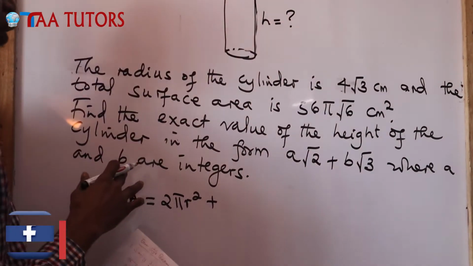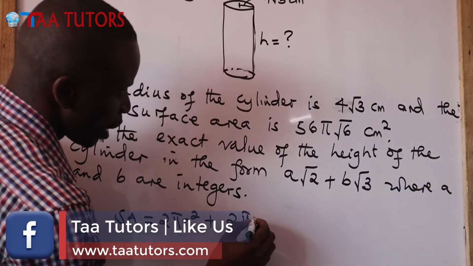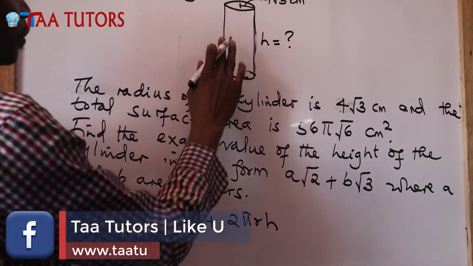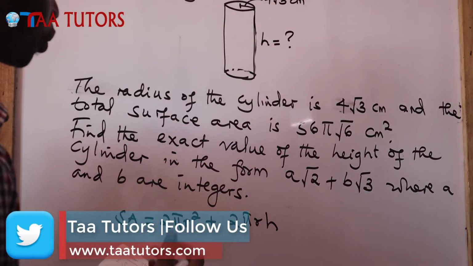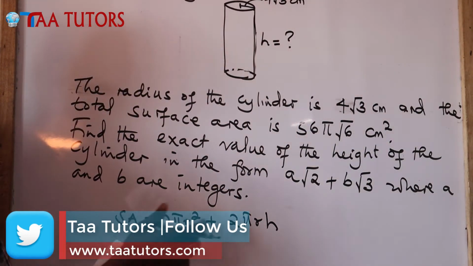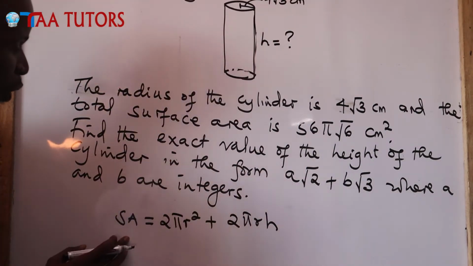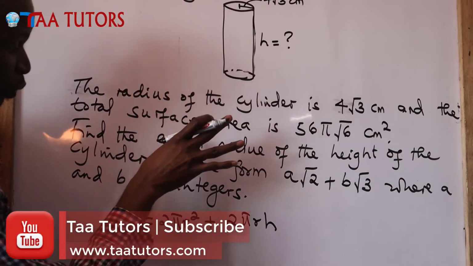So if there are 2, it is 2 pi r squared, plus the curved surface, which is normally 2 pi r h. That should give us the total surface area. So what we are going to do here, let me substitute, but I want to reverse the formula now by starting with this part here and then the surface area follows. So I'm going to substitute what we have.